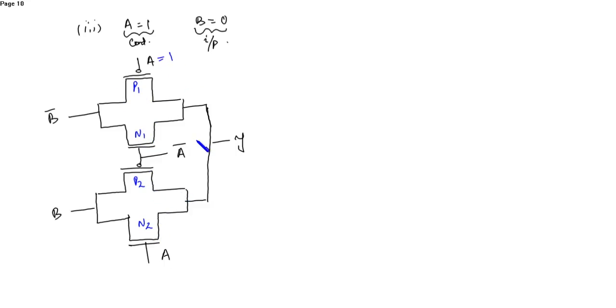When A is 1, then A bar is 0, A is 1, here B bar is 1, B is 0. So if A is 1, then P1 will be deactivated. It's off. Here A bar is 0, so N1 is off.